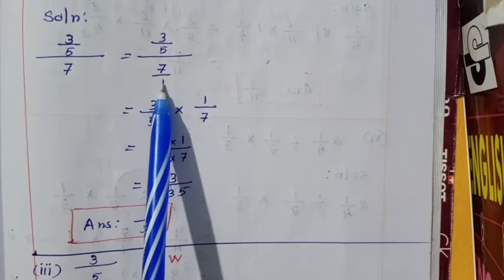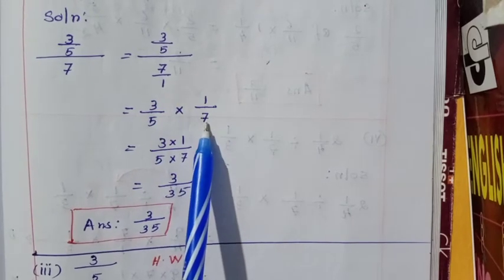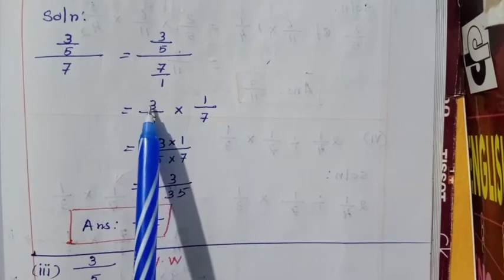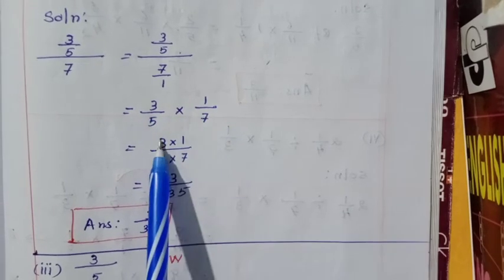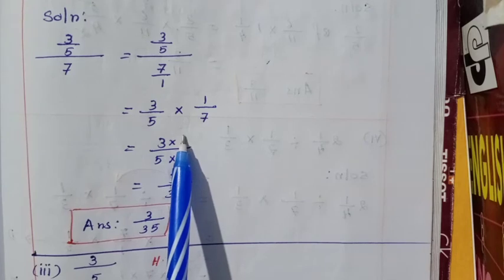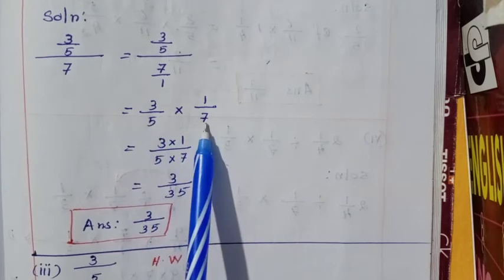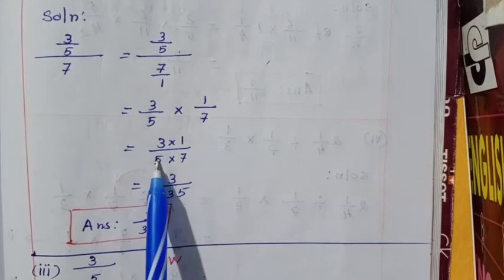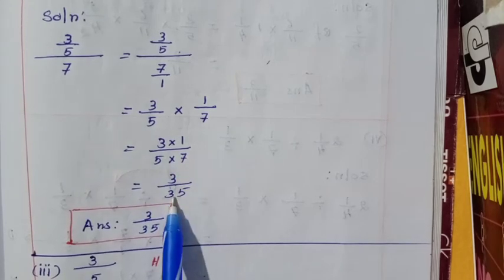Then the reciprocal of 7 by 1 is 1 by 7. Now see, can any number divide or cut? No, cannot cut. So 3 into 1 in the numerator, multiply, and denominator multiply and write: 3 into 1, 3; 5 into 7, 35. So the answer is 3 by 35.